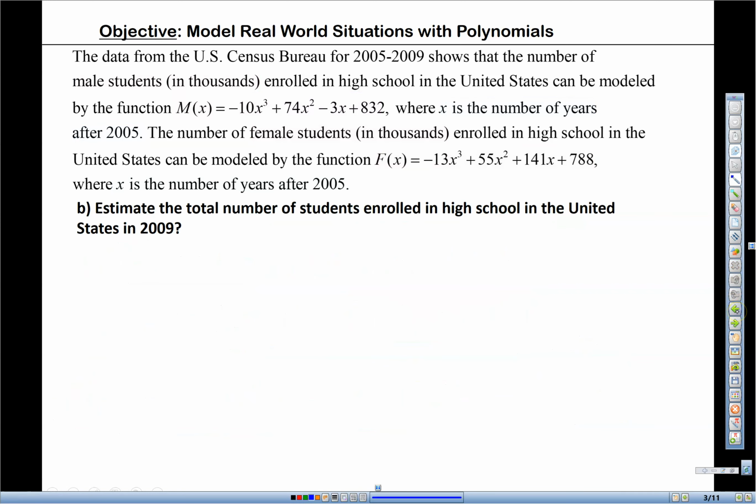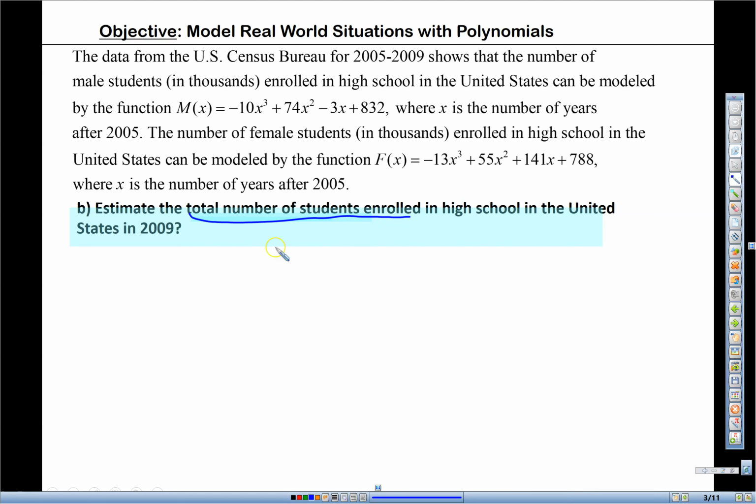So there's a part B to this problem, and part B, our task is to estimate the total number of students enrolled in high school in the United States in 2009. So here we have to realize that the total number of students is represented by the function we just wrote, which is t of x.